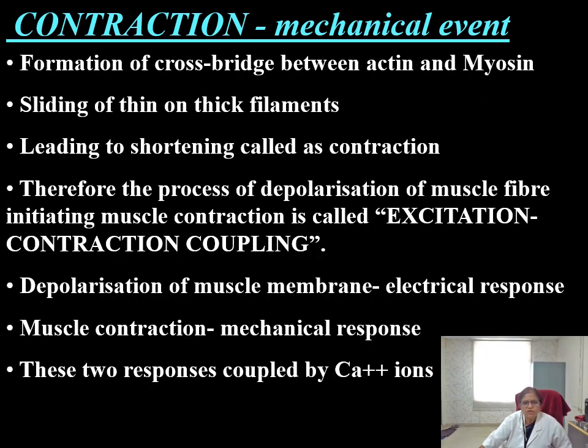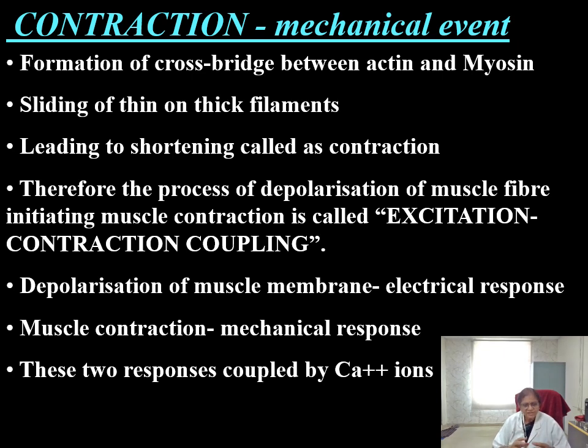Next, after formation of cross bridges between actin and myosin, there is sliding of the thin filament on the thick filament. Thick filaments are always fixed in length and position. What slides is only the thin filaments around the thick filaments. Usually one thick filament is surrounded by 6 thin filaments.